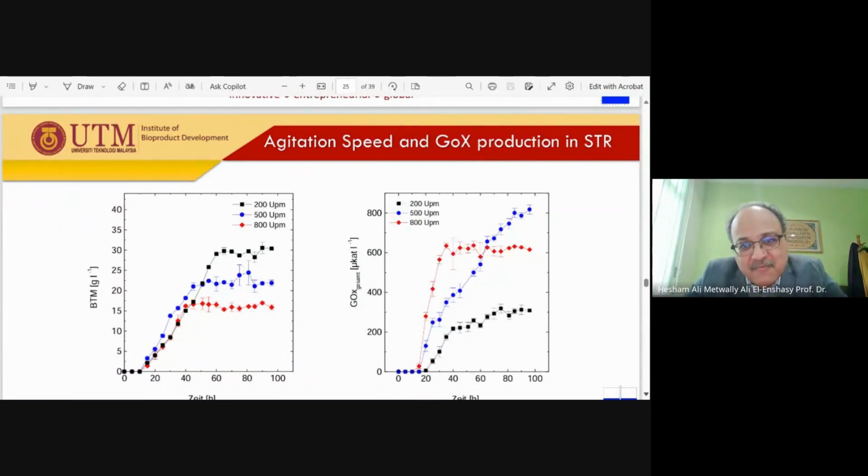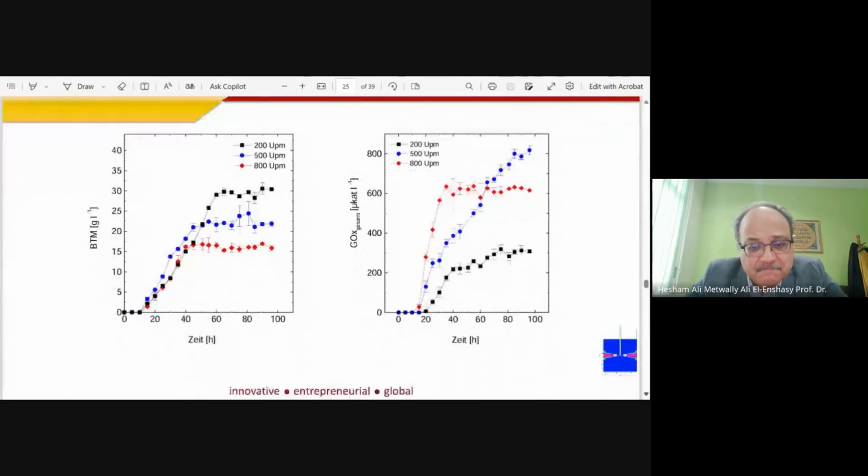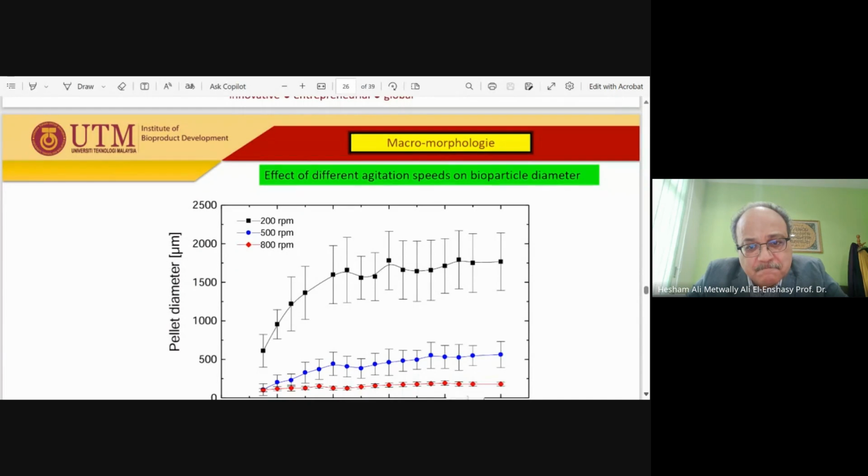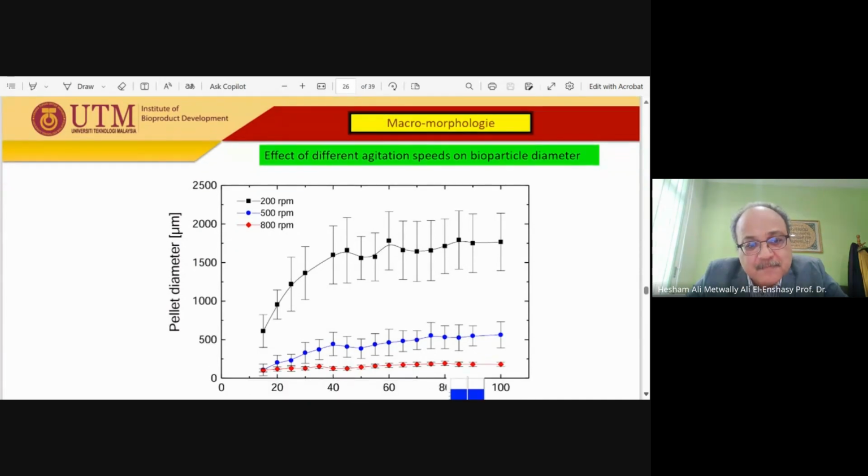We see that 500 RPM is the best for total glucose oxidase production, but the maximal biomass is at 200 RPM. We look at the macromorphology, how it works. For the pellet diameter, for sure, there is a standard deviation in the diameter.